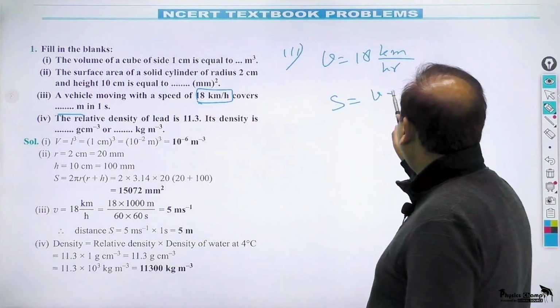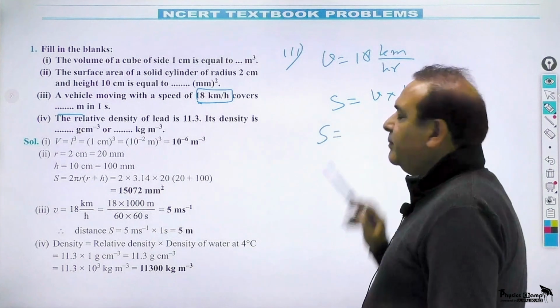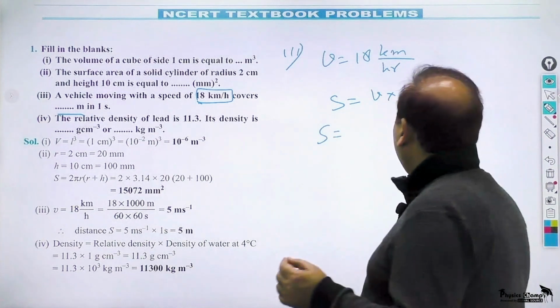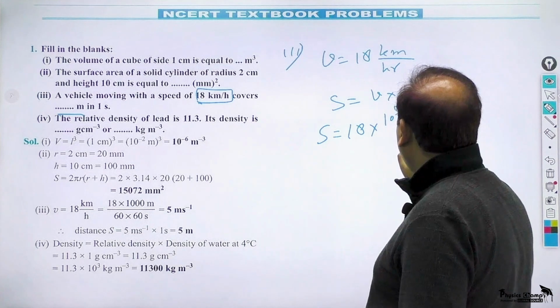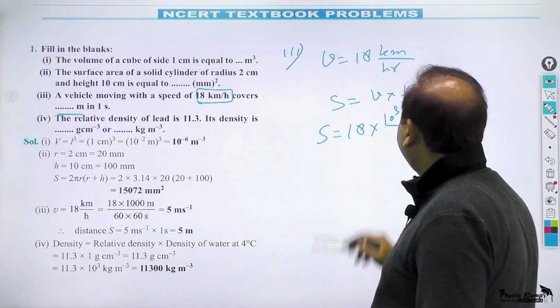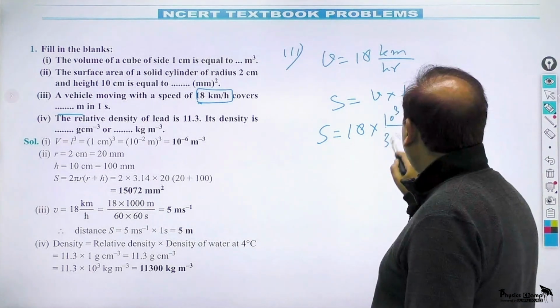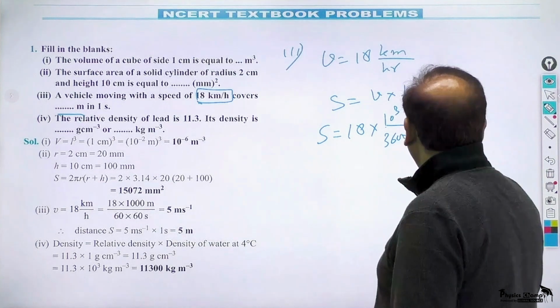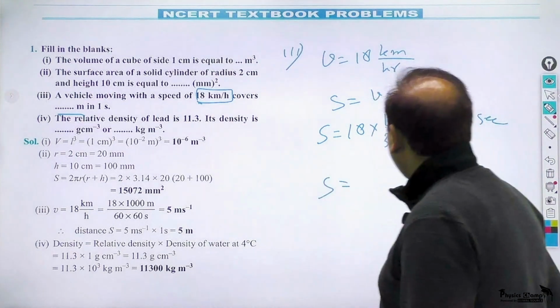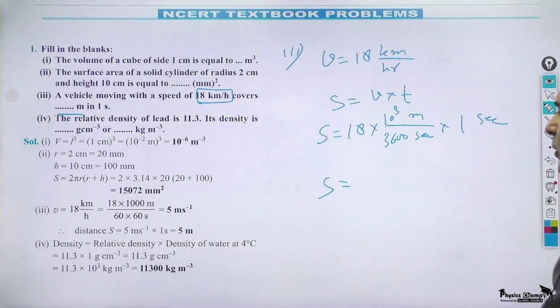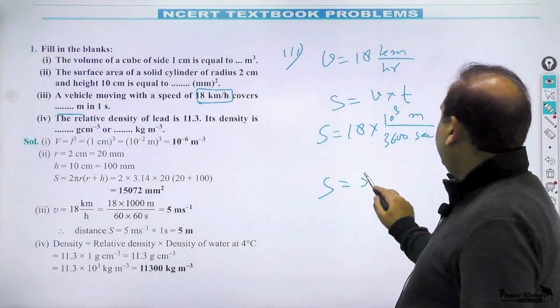Distance is velocity into time. With this velocity of 18 kilometer, I can say 10 to the power 3 meter, and for 1 hour, I can say 3600 seconds. Into 1 second, we'll get the distance covered in 1 second, and it comes out to be 5 meter.